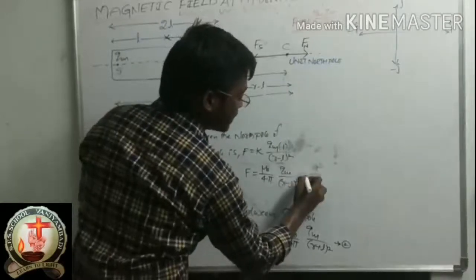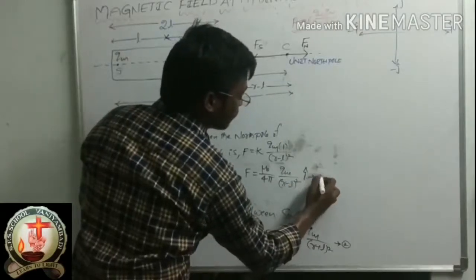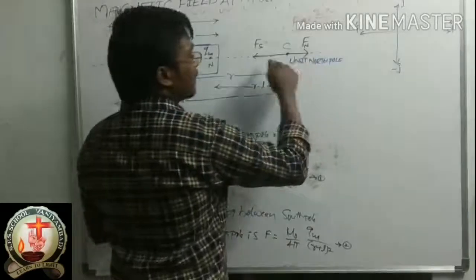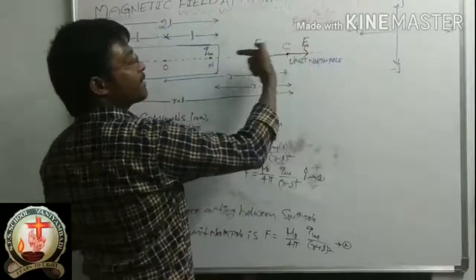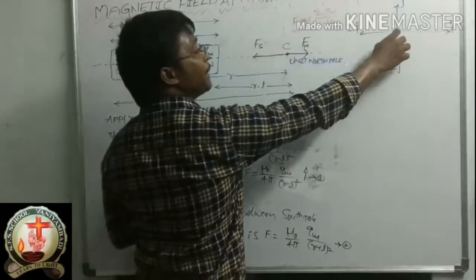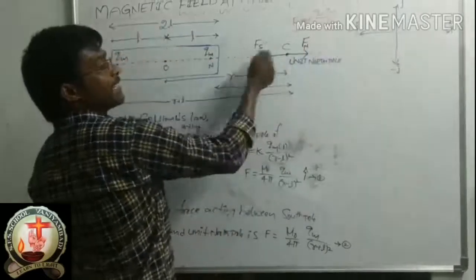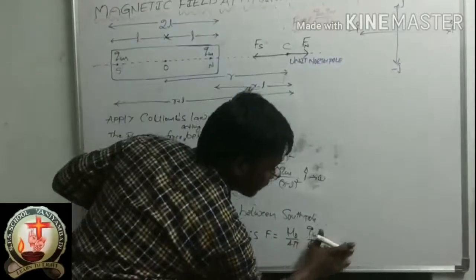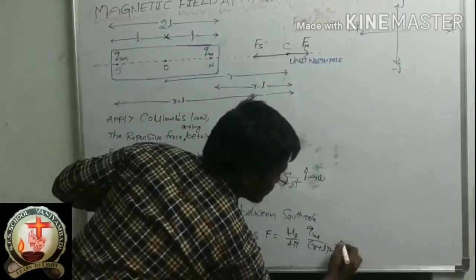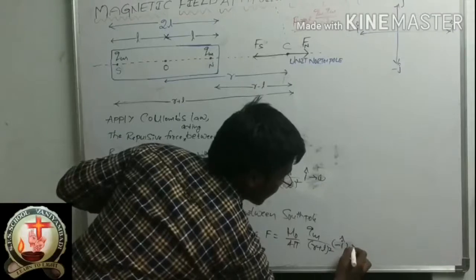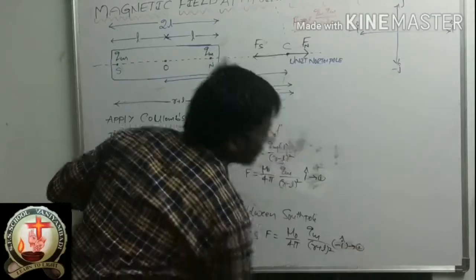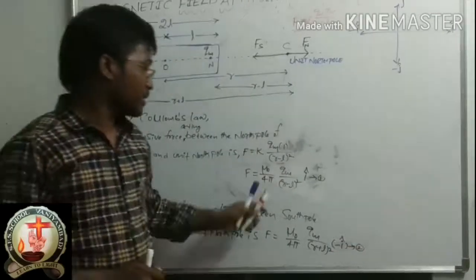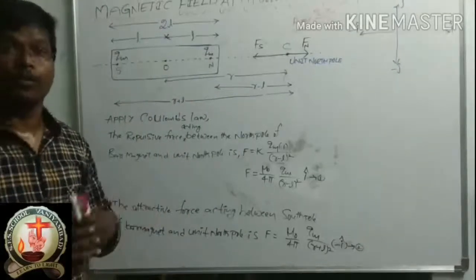So here direction is I cap. And this Fs is acting in this direction. So this is the midpoint. Force is acting in this direction means, what is the direction here? Minus I cap. So here minus I cap, equation 2. So this is the equation 1 and this is the equation 2.